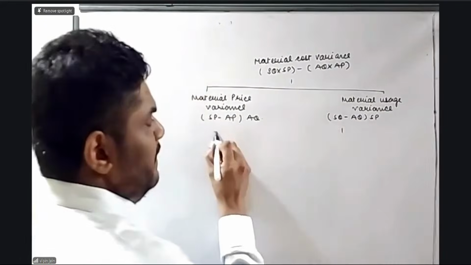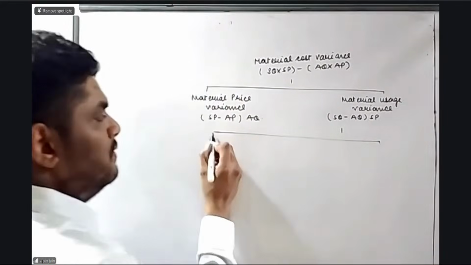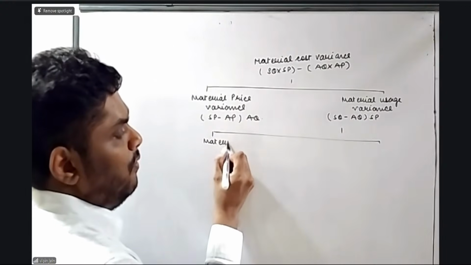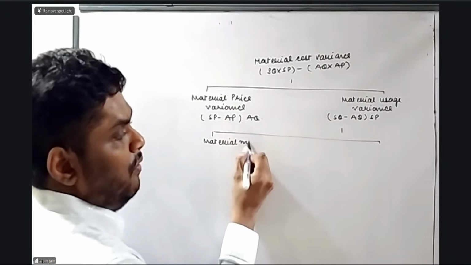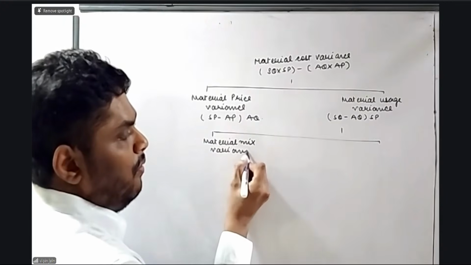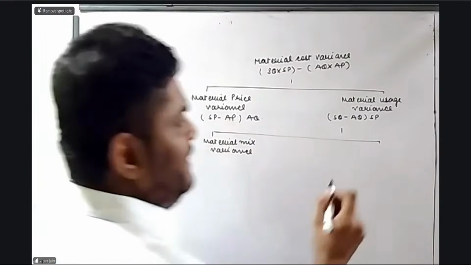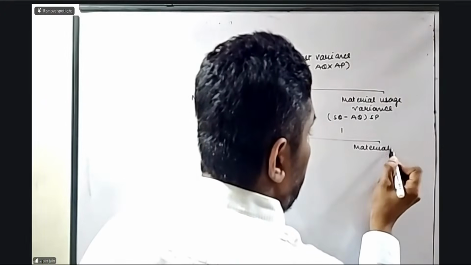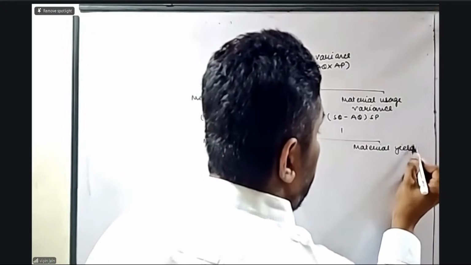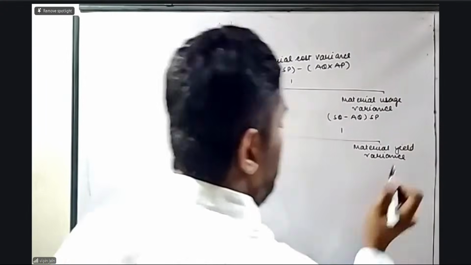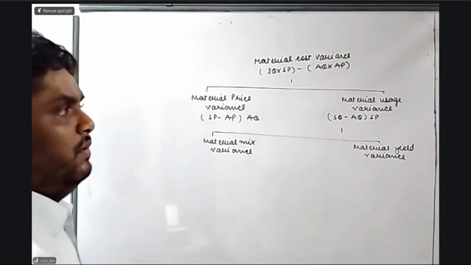Further, it can be divided in two parts: material mix variance and material yield variance.